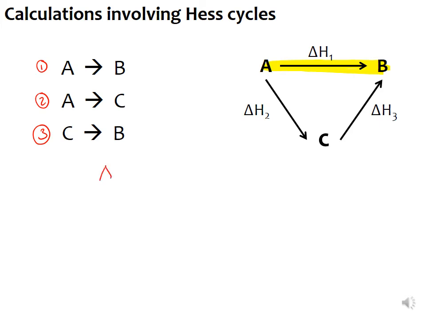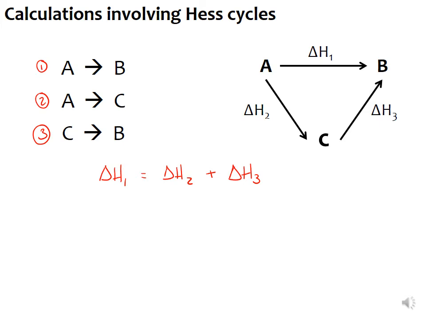So delta H1 will be its direct value, which we have put in yellow, or we can go the indirect route, which would be the values of delta H2 added to delta H3. So that's the first one that we could work out.